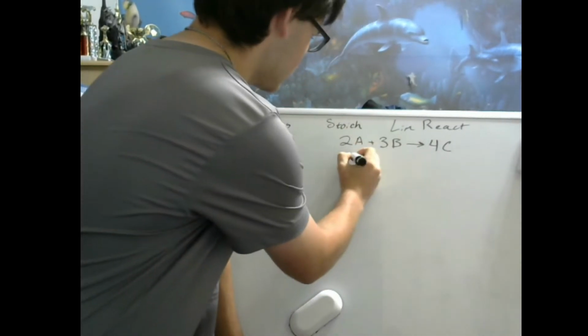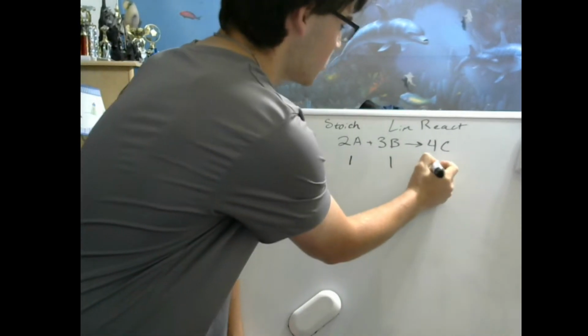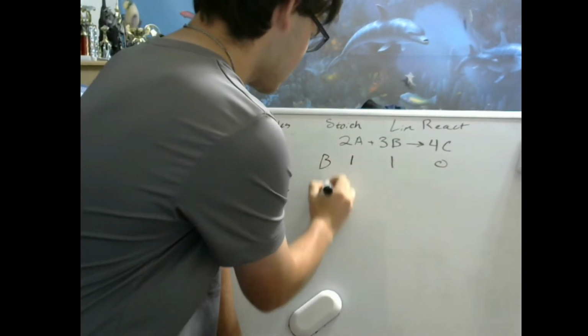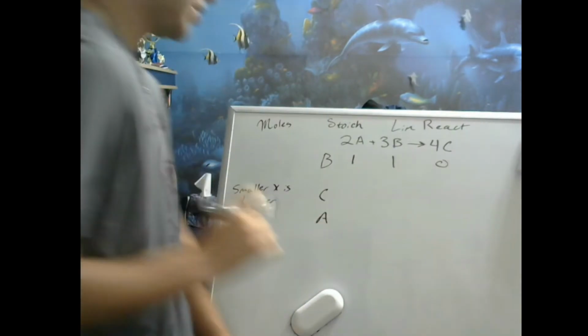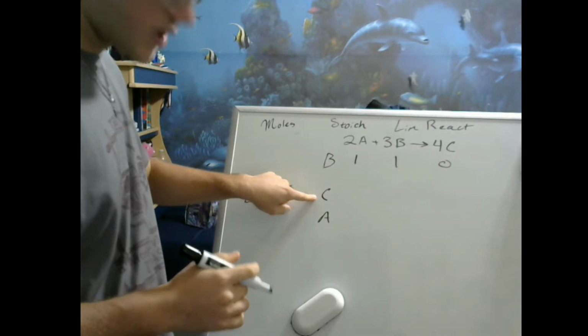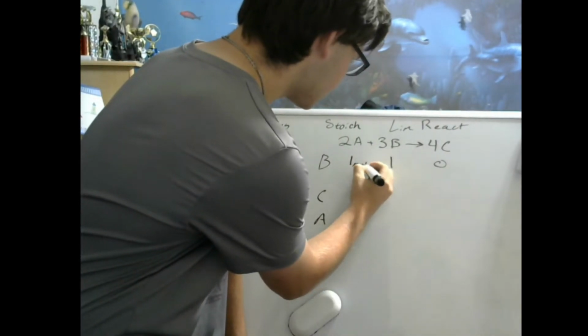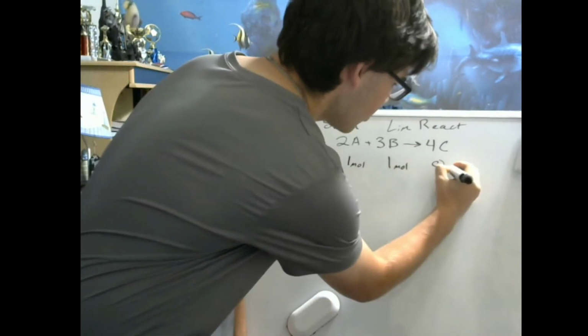Cool? So we're just going to make it easy and say that we start with 1 mole of each, and you want to make what's called a BCA table. And remember this because later you'll make something very similar. Before, change, after. So before you have 1 mole, 1 mole, and 0 moles.